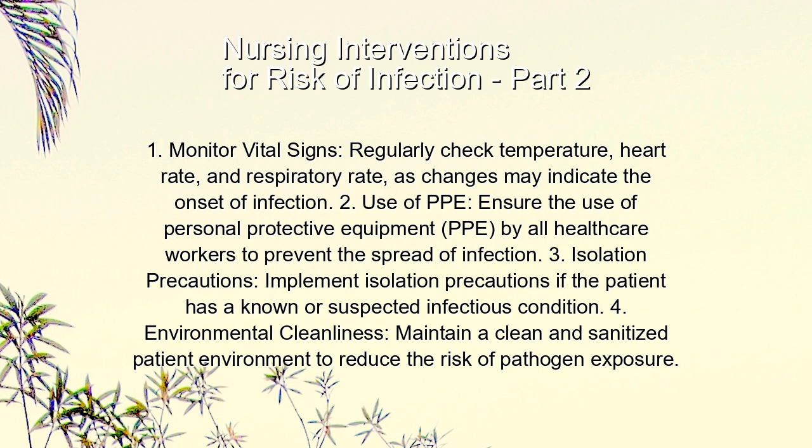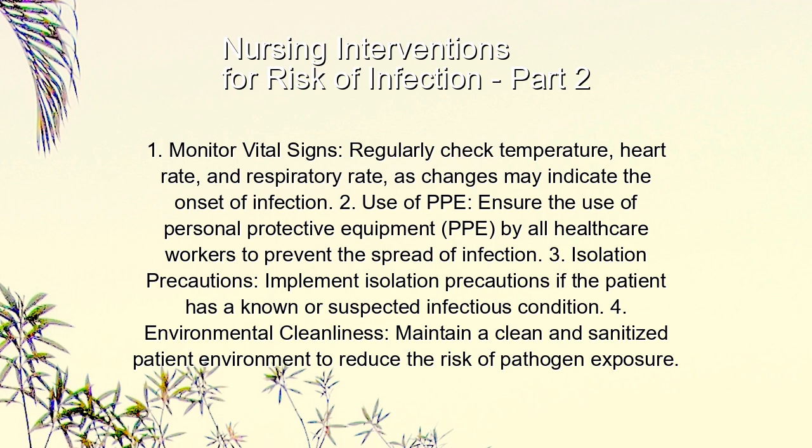Nursing interventions for risk of infection, part 2. One, monitor vital signs: regularly check temperature, heart rate, and respiratory rate, as changes may indicate the onset of infection. Two, use of PPE: ensure the use of personal protective equipment, PPE, by all healthcare workers to prevent the spread of infection.